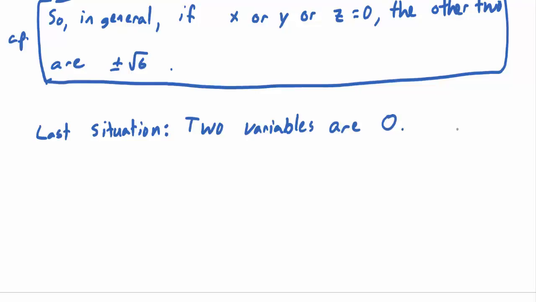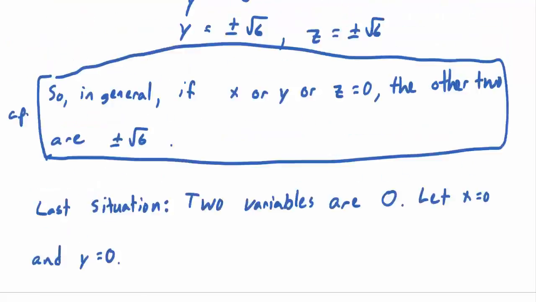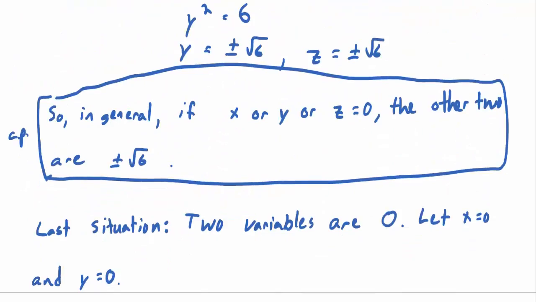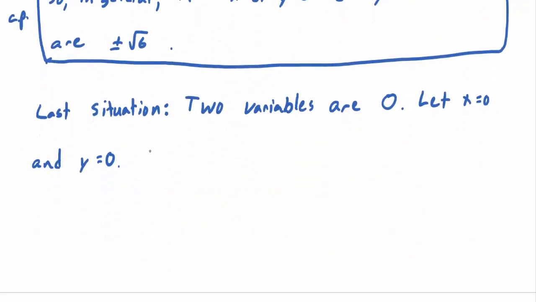Without loss of generality, or for the sake of argument, let's let x and y equal 0, just to see how it goes. If x and y are equal to 0, then from that last equation in our system, we get z squared equals 12, right? So then z squared equals 12, or z equals plus or minus root 12.